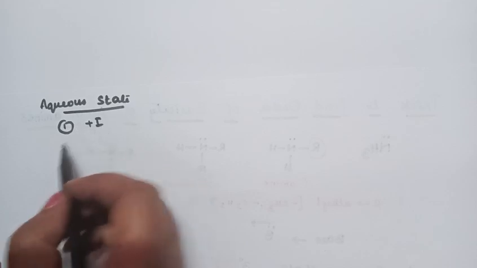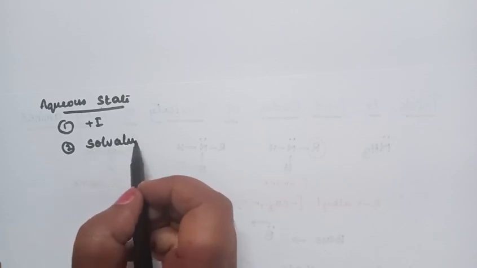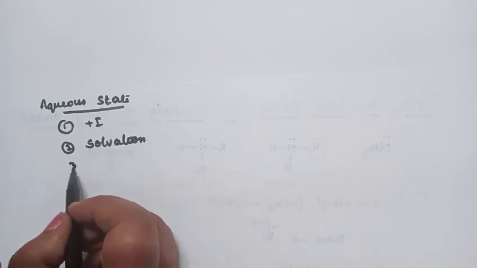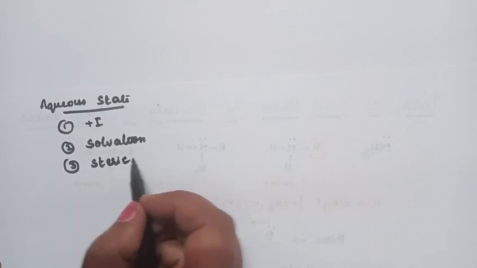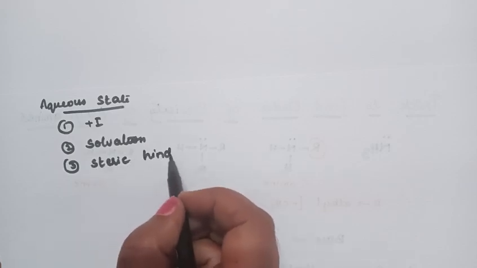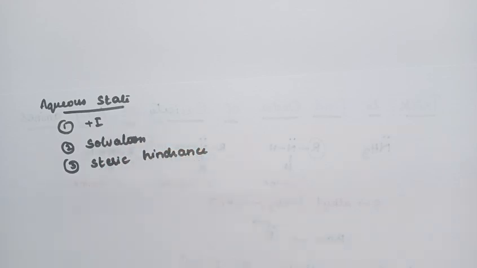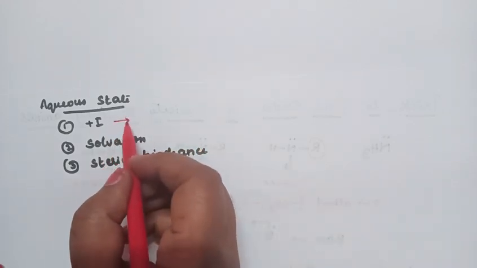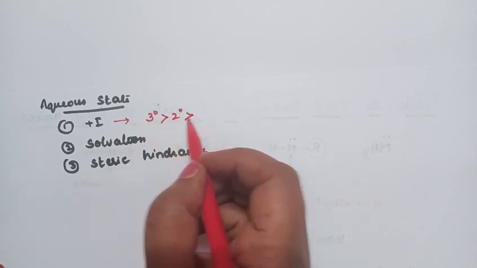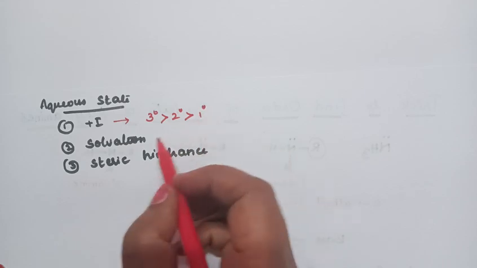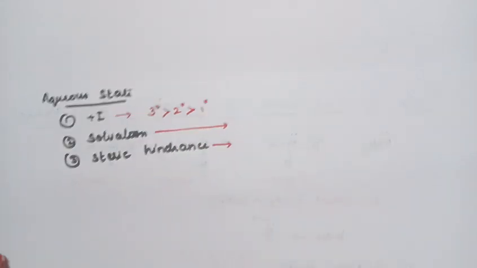One is plus I effect, second is solvation, and third is steric hindrance. Inductive effect we have already seen. The inductive effect order is tertiary amine is more basic than secondary amine, more basic than primary amine. So we have to see solvation and then we will see steric hindrance.